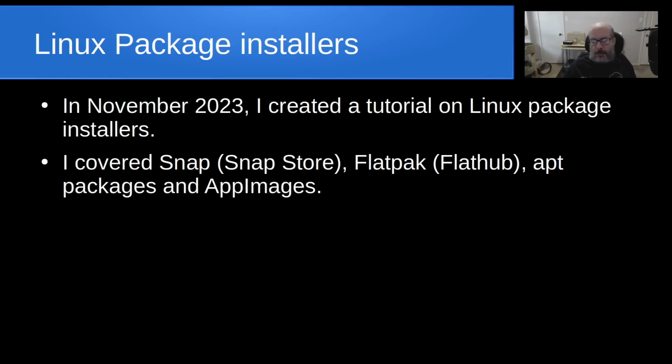I also went over Flatpak, which is an open source repository that uses something called Flathub. And of course, in Debian-based systems, such as Ubuntu, Linux Mint and Debian, you can use apt packages for installation. And finally, we have self-contained images called AppImages.